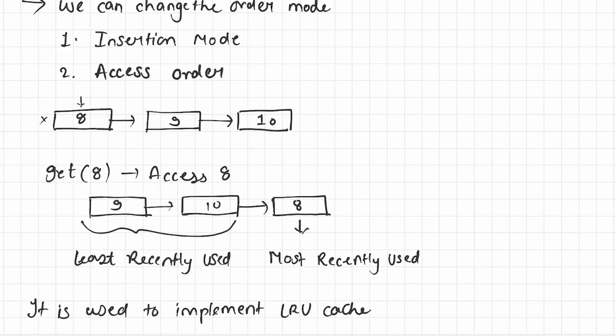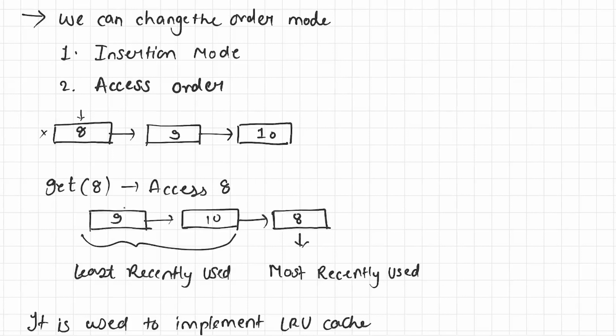This means 8 is the most recently used entry and 9 and 10 are the least recently used entries. So when we iterate through all the entries of the LinkedHashMap, we get 9, 10 and 8. That is why we call it access order mode. So we have accessed 8 recently. That is why it is giving entries from the least recently used entries to the most recently used entries.